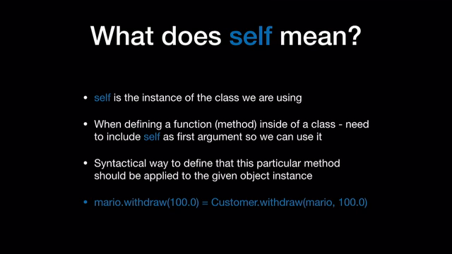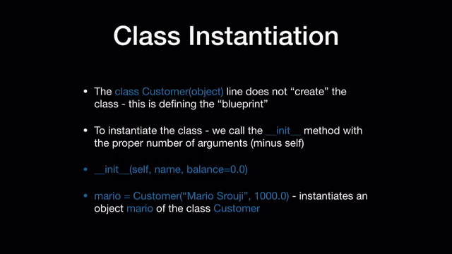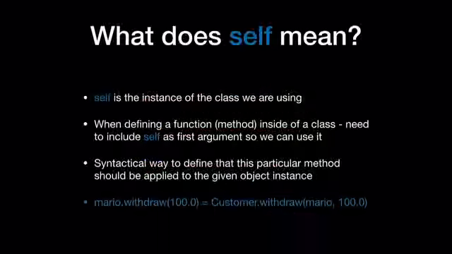Okay? So for example, these last lines that I'm showing here are essentially doing equivalent things. Let's say I wanted to withdraw money. Earlier, I defined an instance of the class Customer, and I named it mario, lowercase. So let's say I wanted to withdraw money from my account. I can do this in one of two ways.